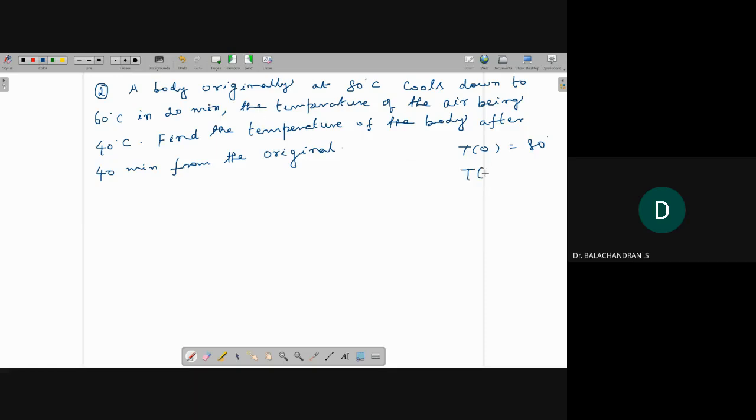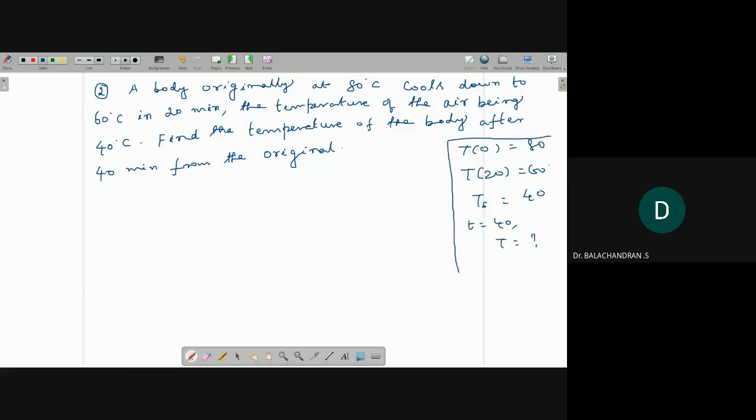So that is T of 20 equal to 60. The temperature of the air, that is the surrounding temperature, Ts, is equal to 40. So the question is to find the temperature of the body after 40 minutes. That means when t equal to 40, what is the temperature? So this is the question.